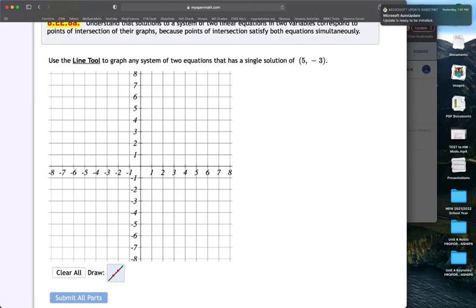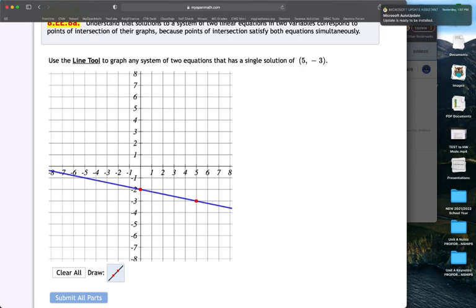In my opinion, a problem like this is easiest to start by graphing one equation at that solution, so at 5, -3. 5, -3 is right there. I'm just going to create any equation that happens to go through that point. Now I graphed a line of an equation that goes through that point.